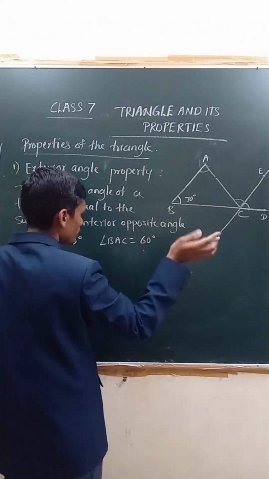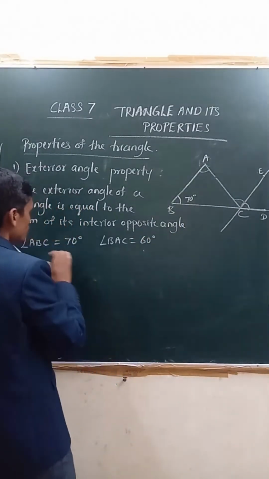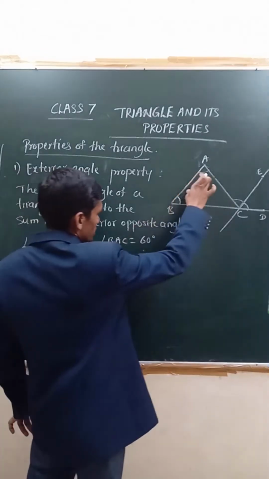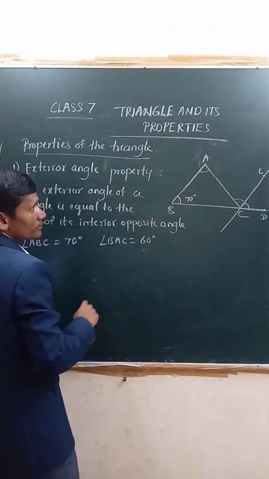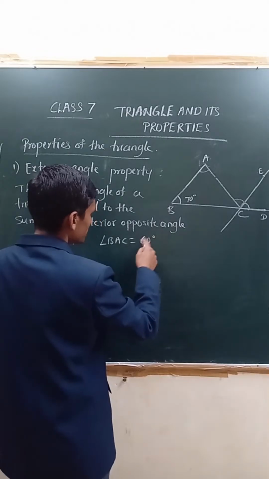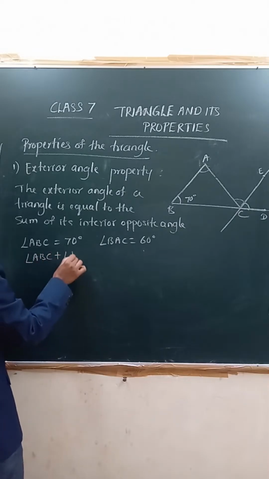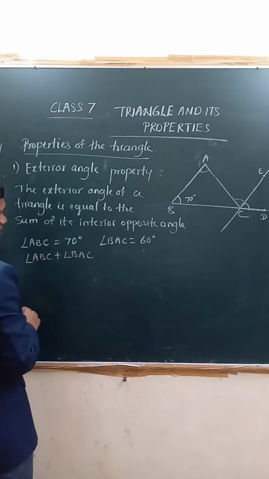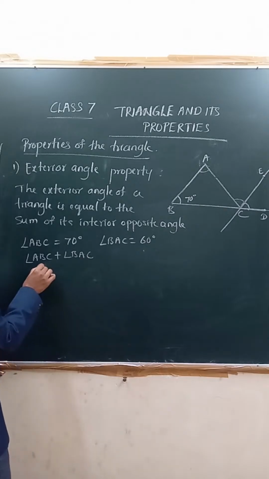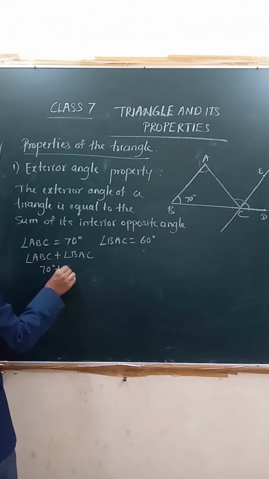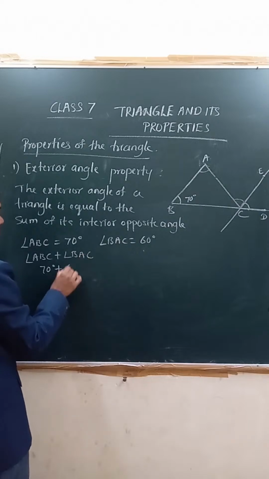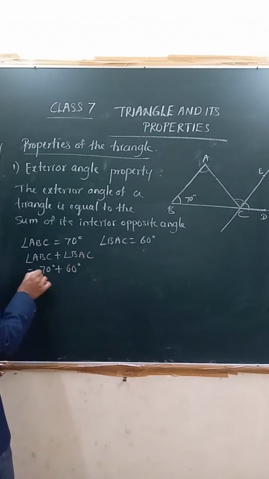So angle ABC I got, BAC I got. If you find the sum, angle ABC plus angle BAC, ABC is 70 degree and BAC is 60 degree, this will be equal to total 130 degree, right?